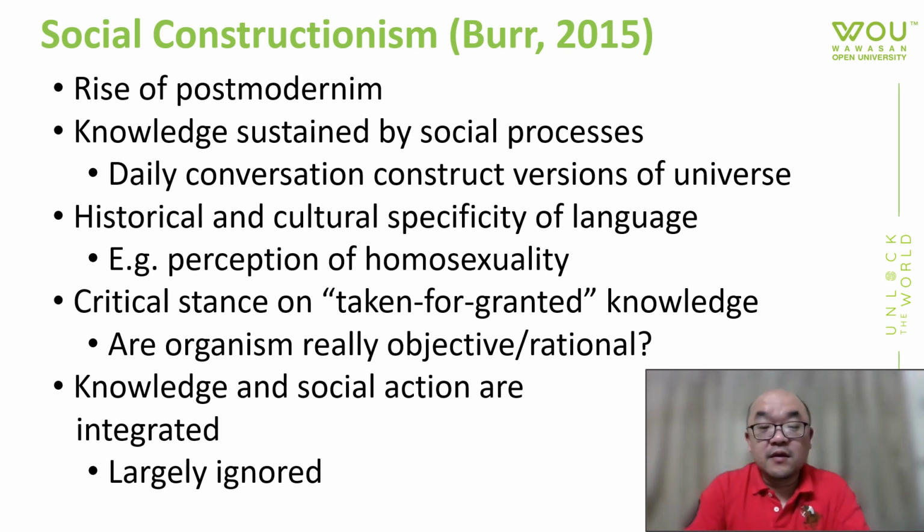Social constructivism takes a really critical stand on taken-for-granted knowledge. Taken-for-granted knowledge refers to the objective truth as proposed by positivism, where all the knowledge is already there and you just need to discover it through the scientific method. Proponents of social constructivism seriously don't like that. Are humans really objective or rational?